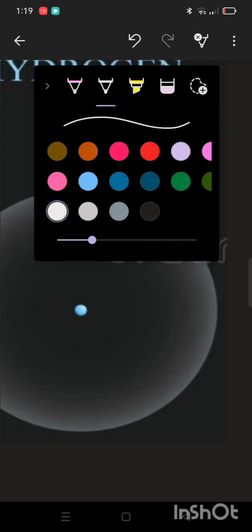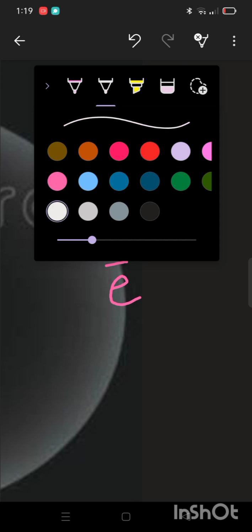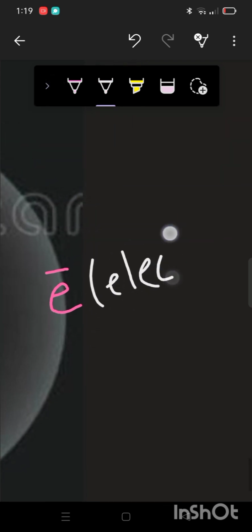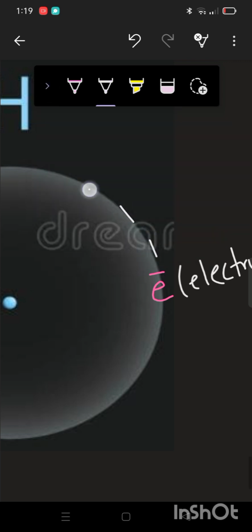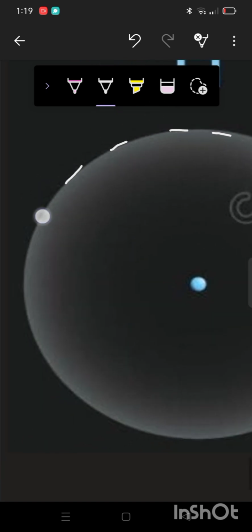So suppose here I have an electron. This is the electron I have, right? Of course this electron is moving, and because of this motion we know that this electron has kinetic energy.